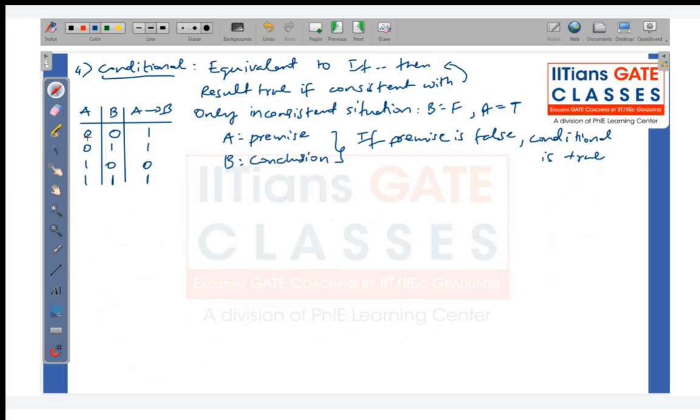The premise is false, so whatever assumptions I'm making, the conclusion doesn't have any dependence on that premise. So the conditional will be true. Okay. However, if the premise is true, then we have to be a little careful. If the premise is true and the conclusion is true, then the conditional will be true. And the only issue will happen when something true is implying something false. Right?